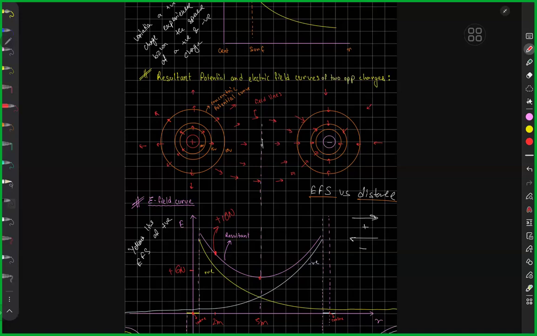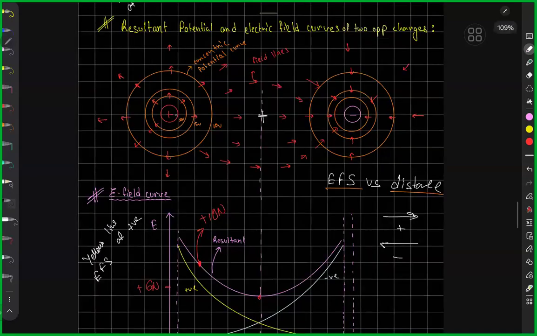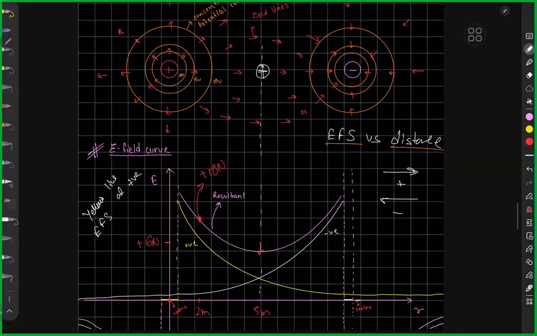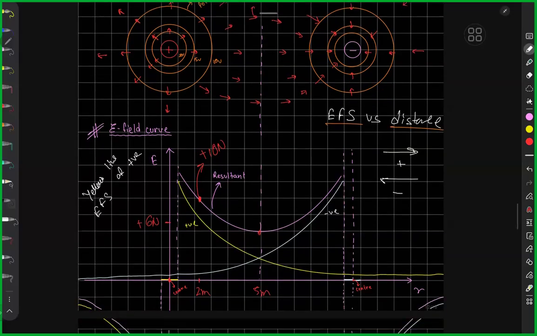So the positive charge actually feels the least repulsion from the positive charge and the least attraction from the negative charge, which is why the net force right at the center on a positive charge is minimum, but existent. There is still a force over here because it gets repelled by the positive charge and attracted by the negative charge. Although minimum, it still exists. Okay, so it feels a force rightwards.